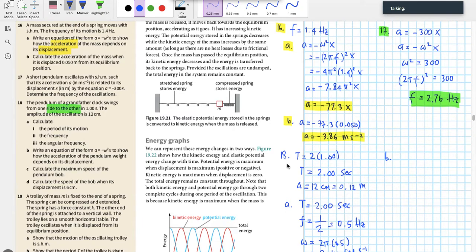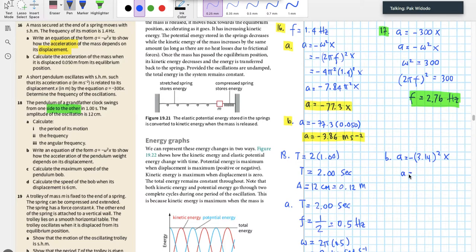Write an equation of the form a equals minus omega squared x to show how the acceleration of the pendulum weight depends on the displacement. We change it to acceleration equals minus omega squared. Omega is pi, 3.14, squared x.